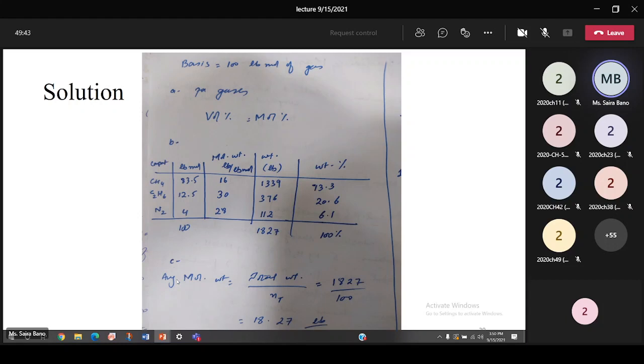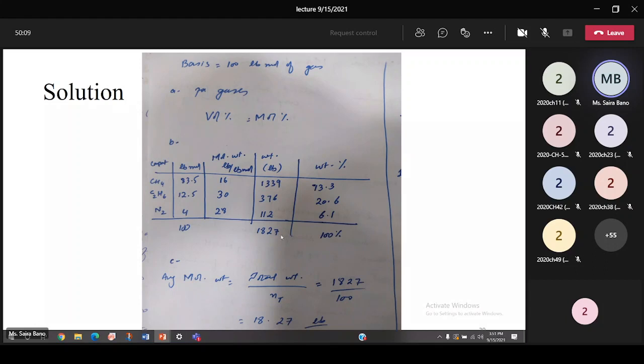Part C was to calculate the average molar mass, that is equal to total weight of the mixture divided by total number of moles. So total weight अभी हमने calculate किया, that is 1827, and total moles we have taken the basis of 100, that will be 100 and 18.27 pounds per pound mole इसमें आएगा. If you have taken the basis of 1 pound mole, simply यहाँ पर फिर आपके पास जो mass होगा that would be 18.27.